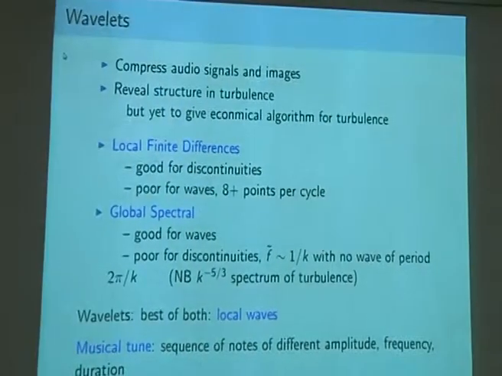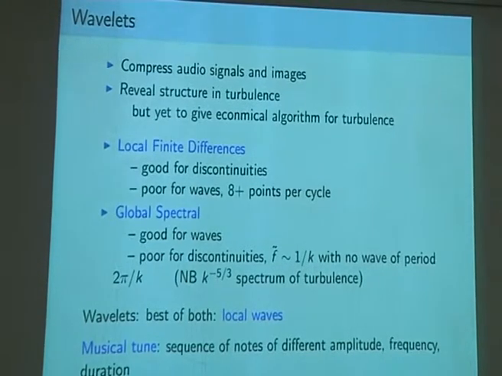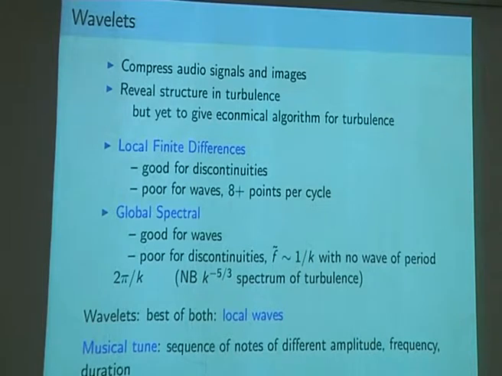Wavelets. Okay, wavelets are a way of compressing data, either audio signals or visual signals, pictures. In fluid mechanics, they have been used very interestingly to study turbulence. So you can analyze turbulence. You use it to represent audio data or visual images, and it compresses the data. Where boring things happen, it represents it very easily.